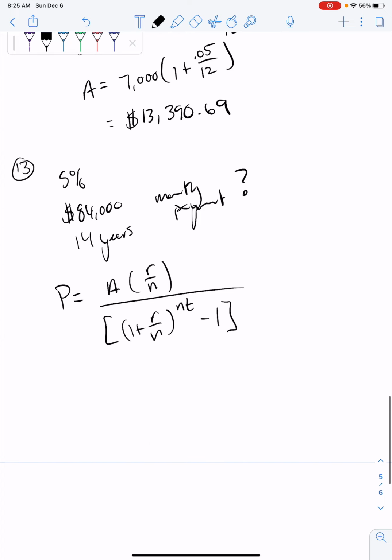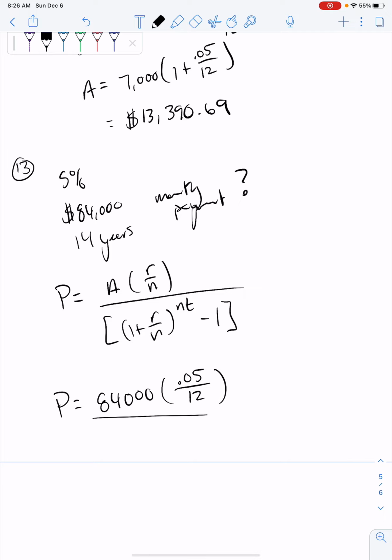All right, so when I plug in my numbers, I'm looking for the payment. I want to save up $84,000, and my interest rate is 0.05. My N is my number of payments. I'm just making payments every month, so that's going to be 12.